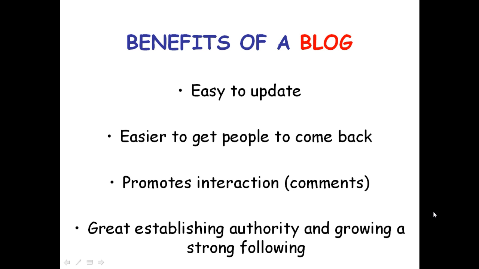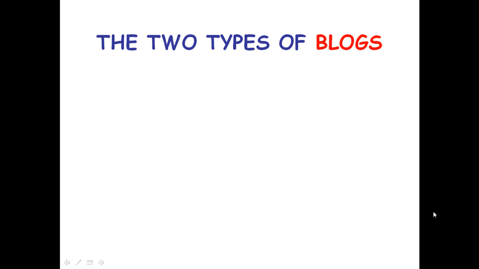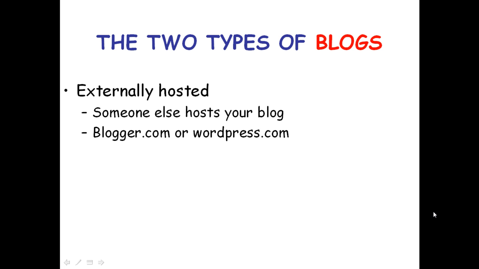So now that we've looked at the benefits of a blog, there's another question that follows, and that is, what type of blog should I have? Well, there's two different types of blogs, and the first one is called an externally hosted blog. And this is where someone else hosts your blog for you. Most of these are free and it's very easy for you to set up. Some common examples of externally hosted blogs are blogger.com and wordpress.com.